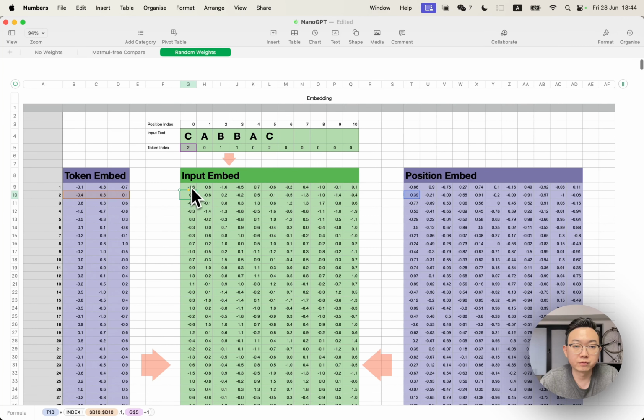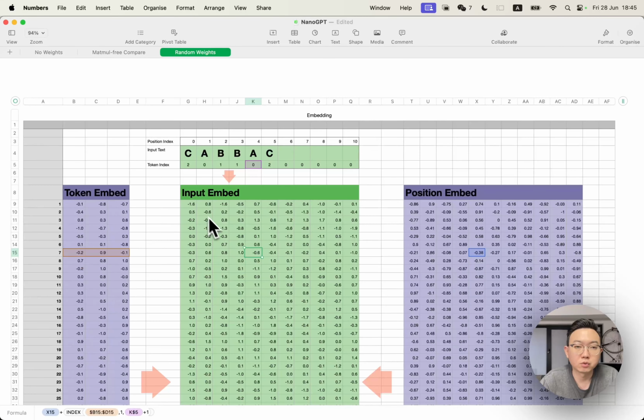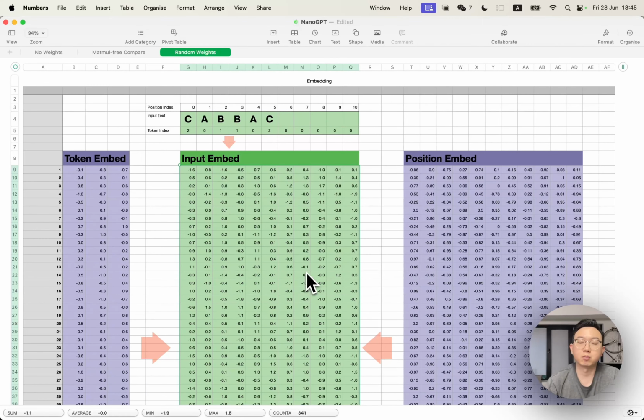If I move down from this particular location, you will notice that the other thing influencing it is the matching row or column, which created this 11 by 48 matrix. So it's basically the very starting point of the embedded version of the word that we typed into ChatGPT, in its numbered form.